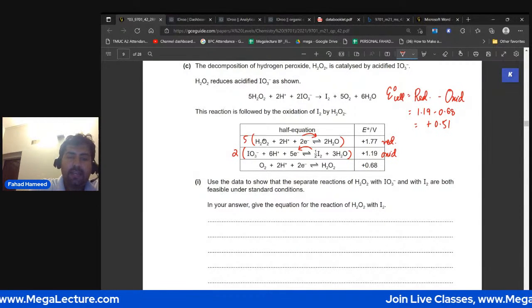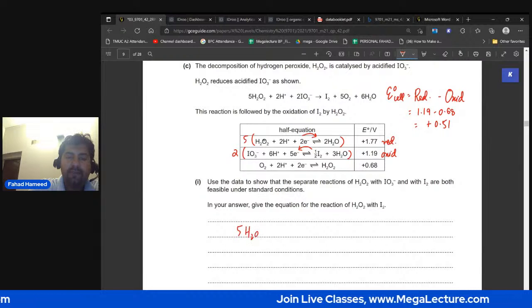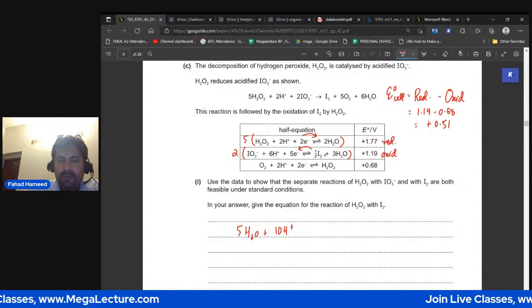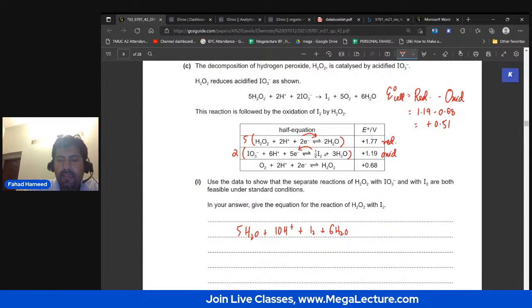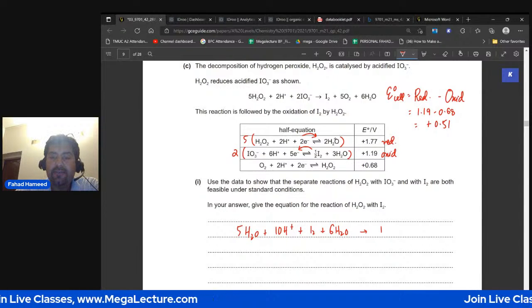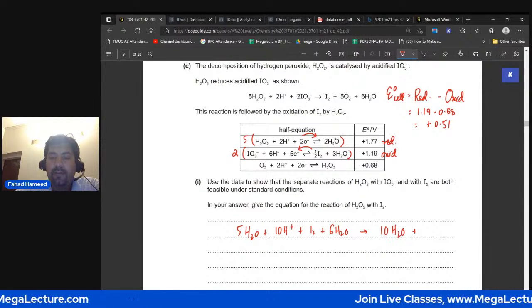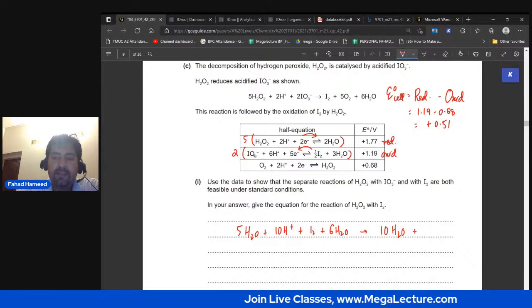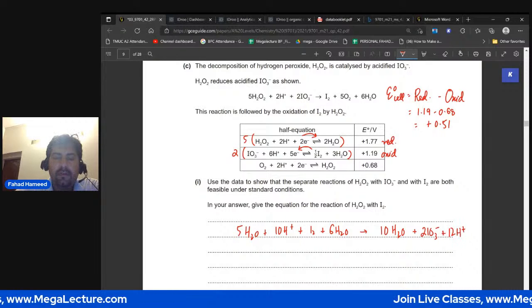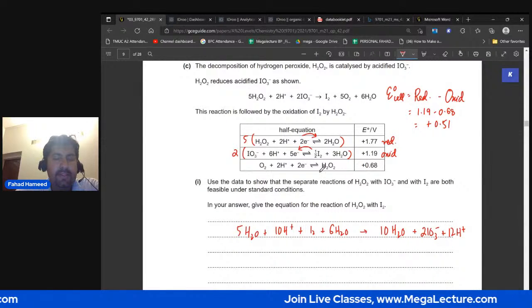The first one, the reactant is 5H2O2 and 10H plus. In the second one, it's being multiplied by 2, so the reactant is I2 plus 6H2O. Then I write my products. The first one produces 10 H2Os. The second one produces 2IO3 minus and 12H plus. And that's about it. The electrons are going to get cancelled out.